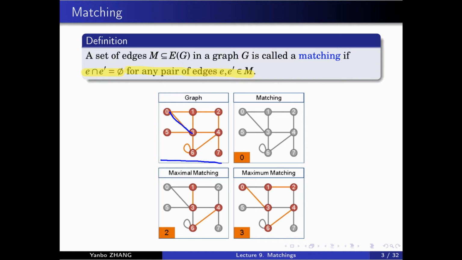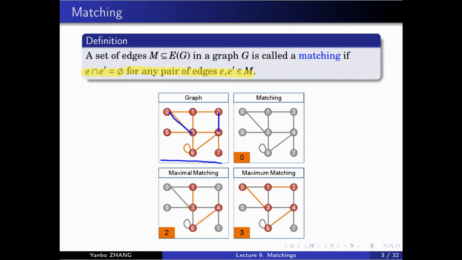If we choose another edge, 2, 4, from the graph, the two edges, 0, 3 and 2, 4, also form a matching. This is because 0, 3 and 2, 4 do not share a common endpoint. They are a set of disjoint edges, which forms a matching.